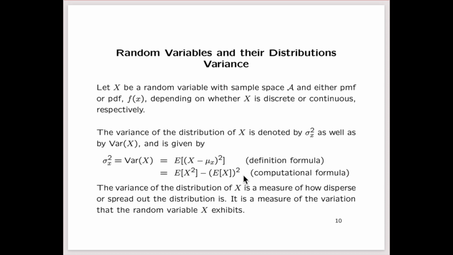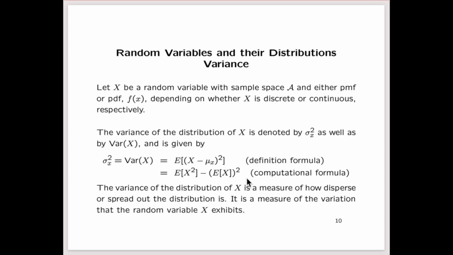We're not going to go into it, but it's not that hard. The computational formula for the variance is that it's the expected value of x squared minus the square of the expected value of x. And because the expected value of x is also mu of x, we could write this as the expected value of x squared minus mu squared, right? So we could write it either way.